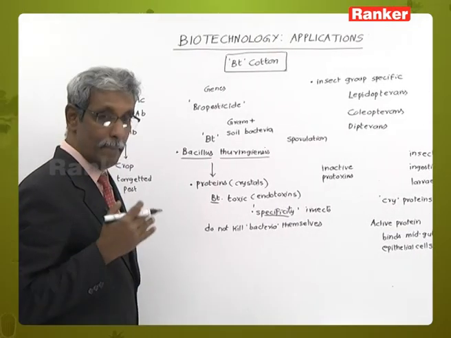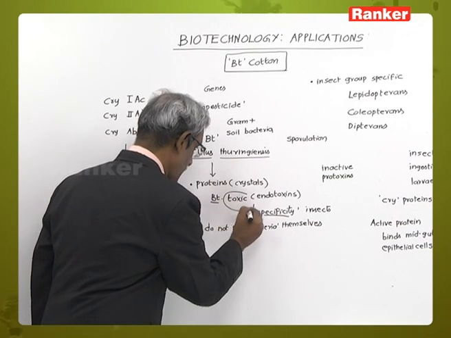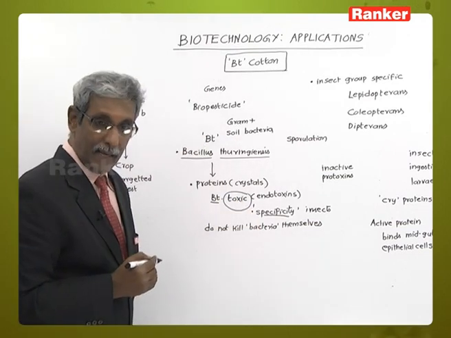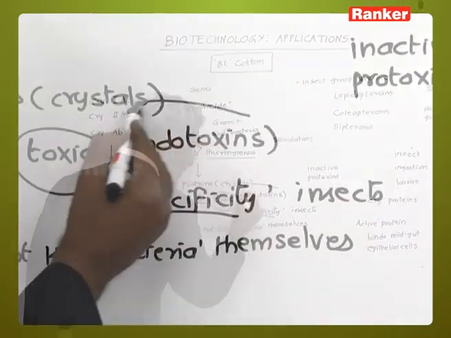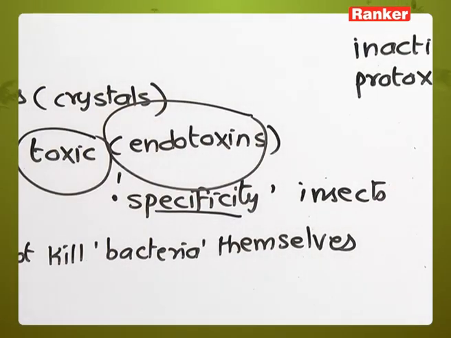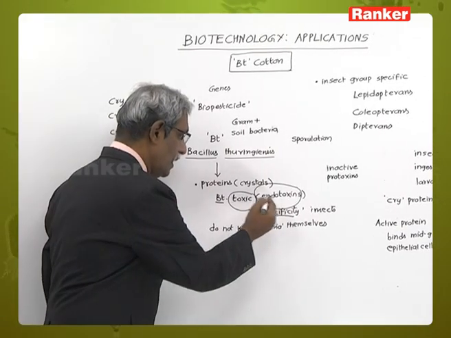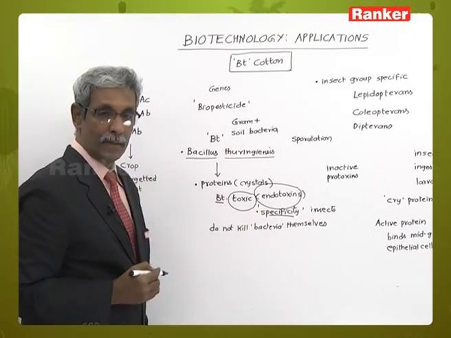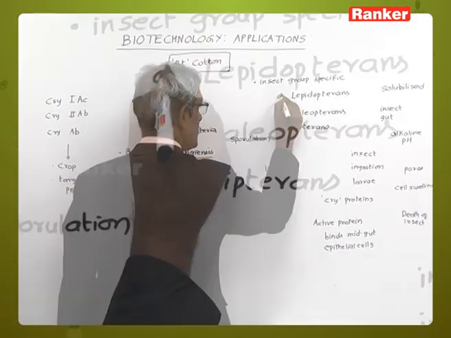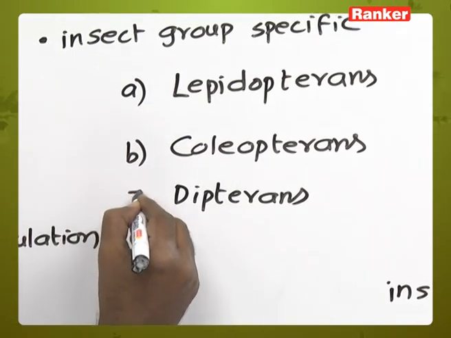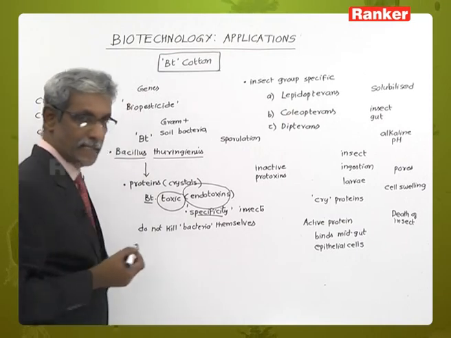It can primarily cause toxicity. The BT can cause toxicity, or it can be lethal to specific insects because it is rich in endotoxins. The BT produces toxins or endotoxins, which are very specific and applicable to 3 important insect groups. The first group are termed as lepidopterans.